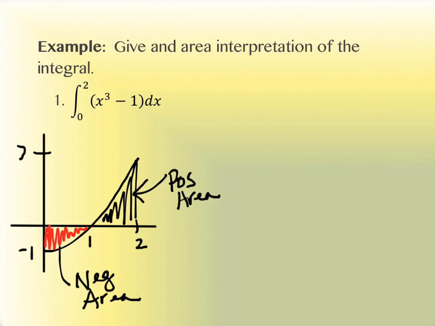So when these two pieces of area get added together, quote unquote, actually what you're going to end up having is not a total area, right? You're going to have something that I referred to as net area. So I want to describe that in a way that will make sense in terms of the area. So what I'm going to say is something like this.